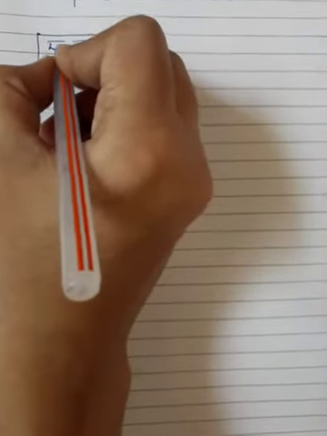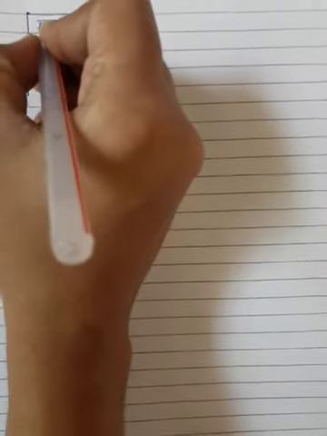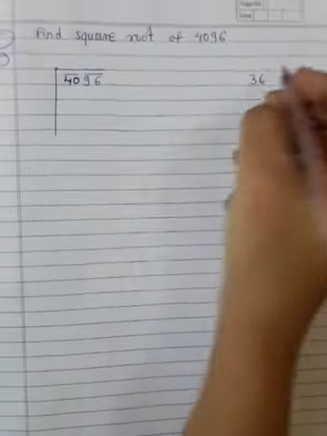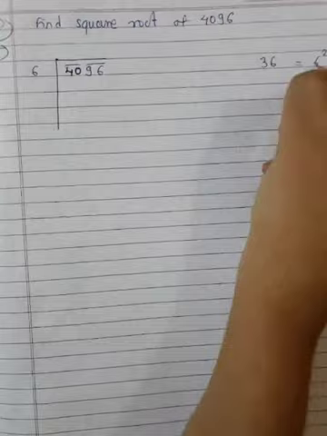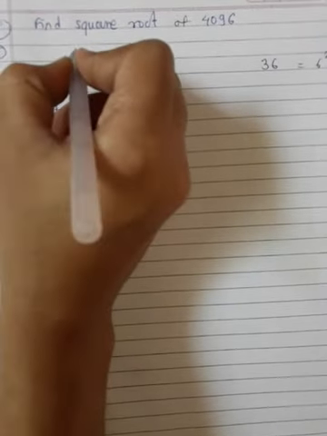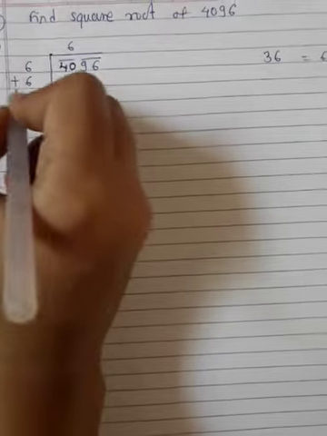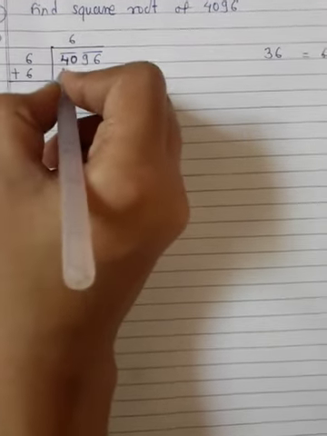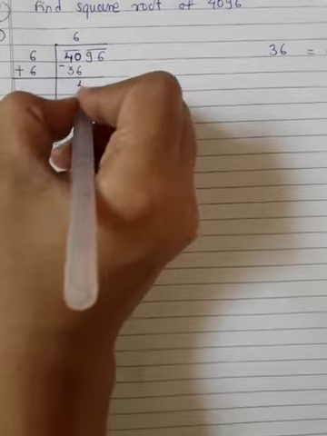We know there is no perfect square equal to 40, so we find a smaller perfect square. 36 is a perfect square which is less than 40, and 36 is the square of 6. Now choose the number 6 here. Multiply above by 6 and add below also 6. When we multiply, we get 36, the remainder is 4, and here when we add, we get 12.